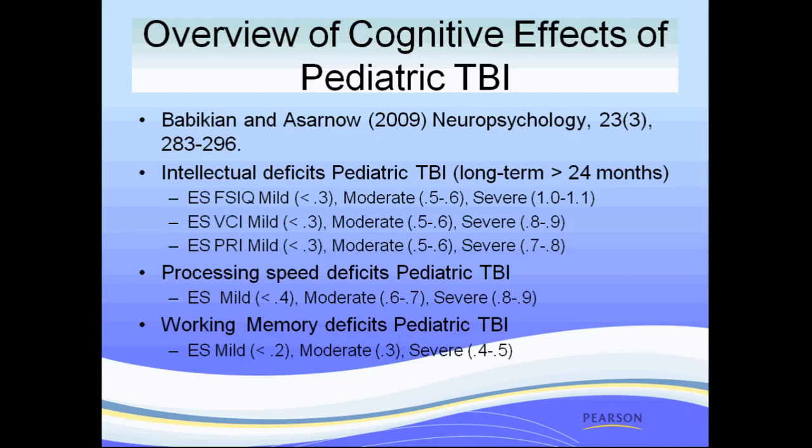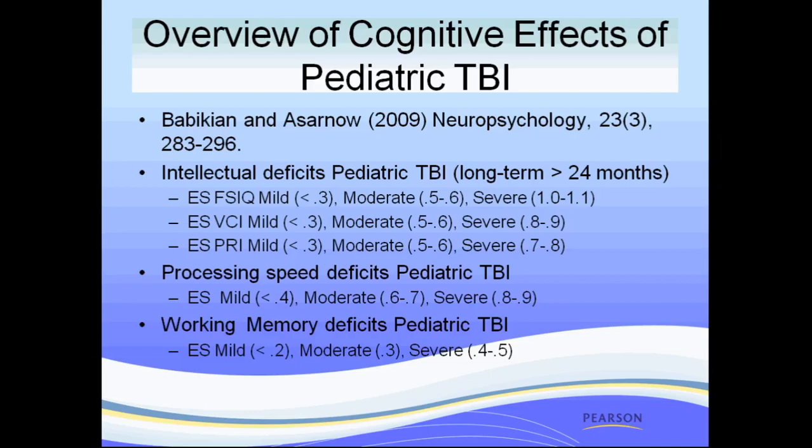On a Wechsler scale, it might be 4 or 5 points off. For moderate injuries, you're looking at more like 9 to 10 points off. And for severe injuries, almost 12 to 15 points off their previous level. You might have had processing speed in the average range, a nice 100, and after your injury, you're down in the middle to low 80s. And that has a big impact.